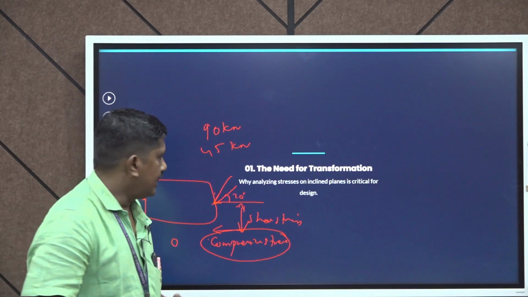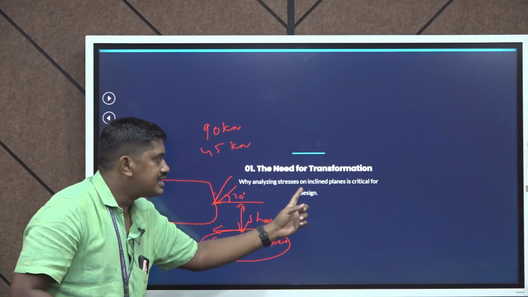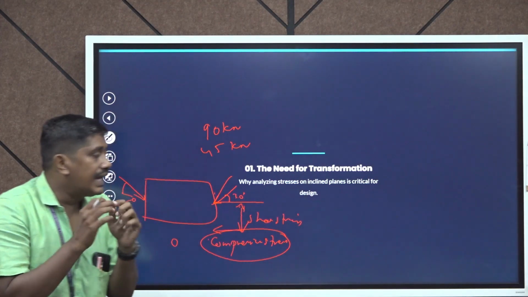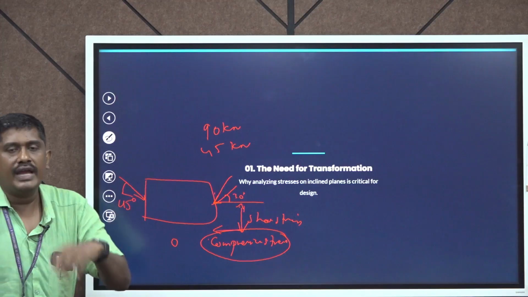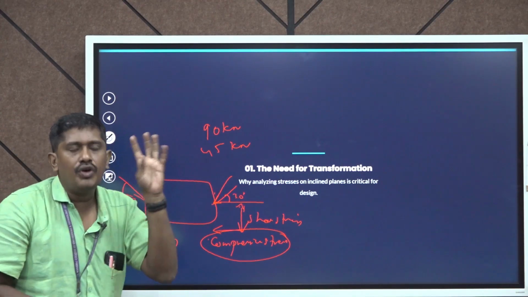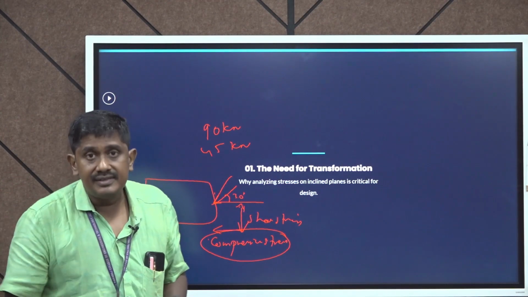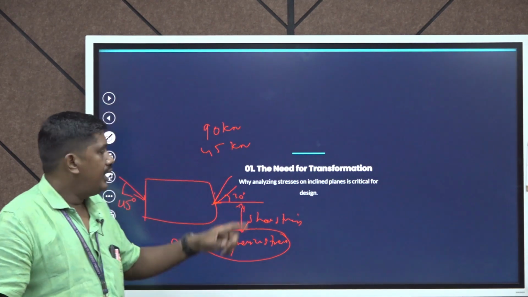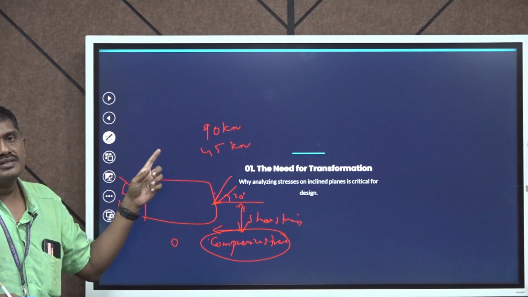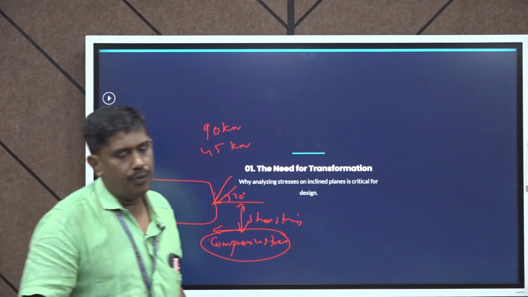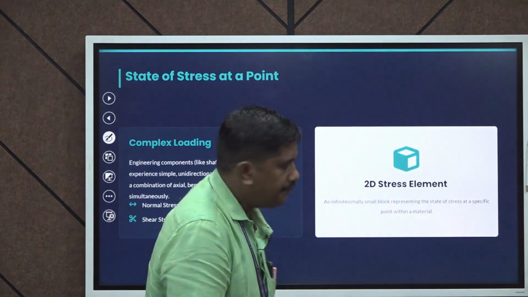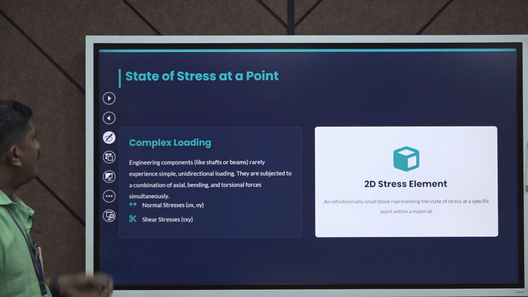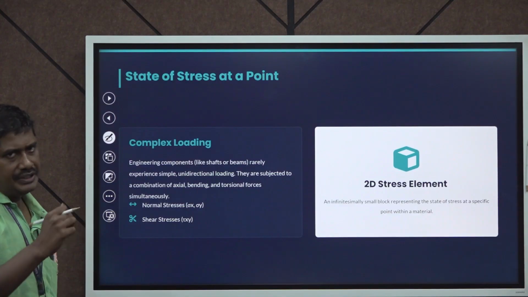This is the real case. This is why analysis of stress on the inclined plane is critical for design. For any engineer, before going to further analysis after designing, deriving the principal stress and plane is very important. Yeah. The state of stress at a point.